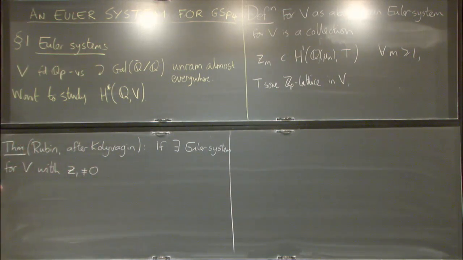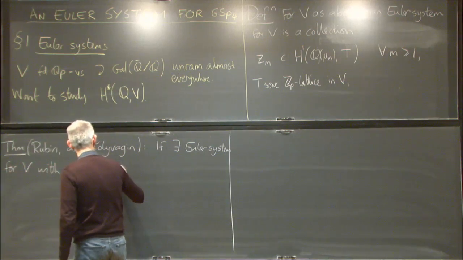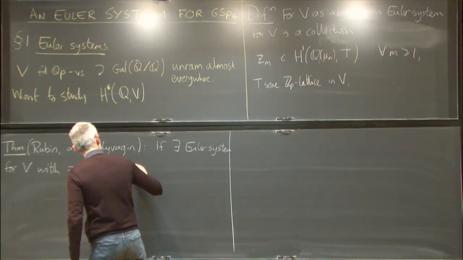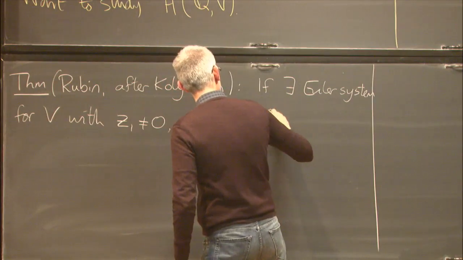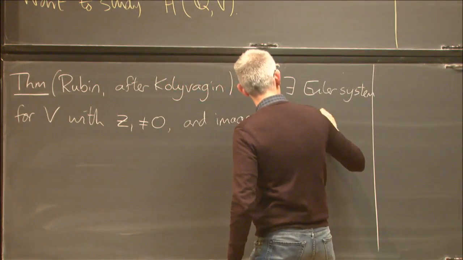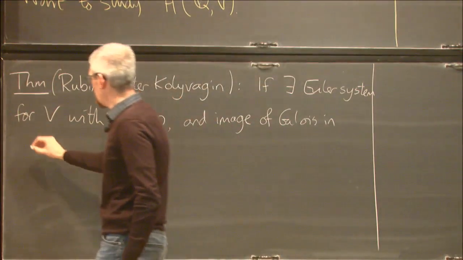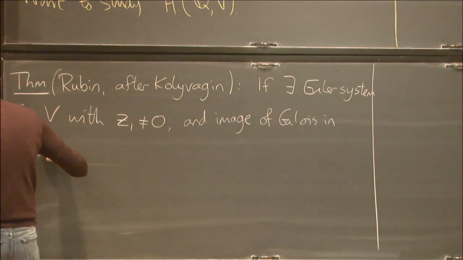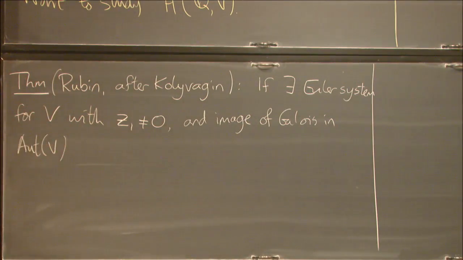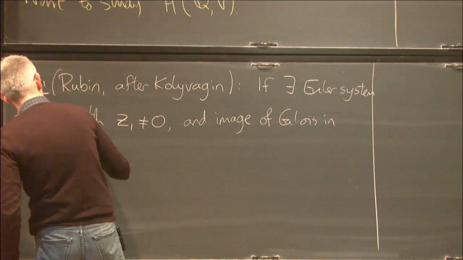If you have an Euler system and the bottom class, the class over Q, is not 0, and there's a technical condition, which is that the image of the Galois group in the automorphisms of V, some subgroup of GL_n(Q_p), or in fact of GL_n(Z_p), has to be large.